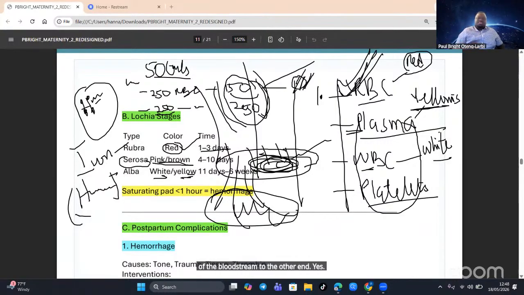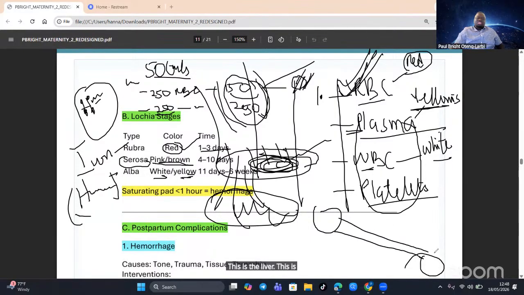Yes, I need blood to go to the liver. This is the heart. This is the liver. This is the blood vessel connecting it. I need red blood cells in the liver. How do I get red blood cells here? I need the plasma to serve as a river on which the red blood cells will swim before they get to the liver.